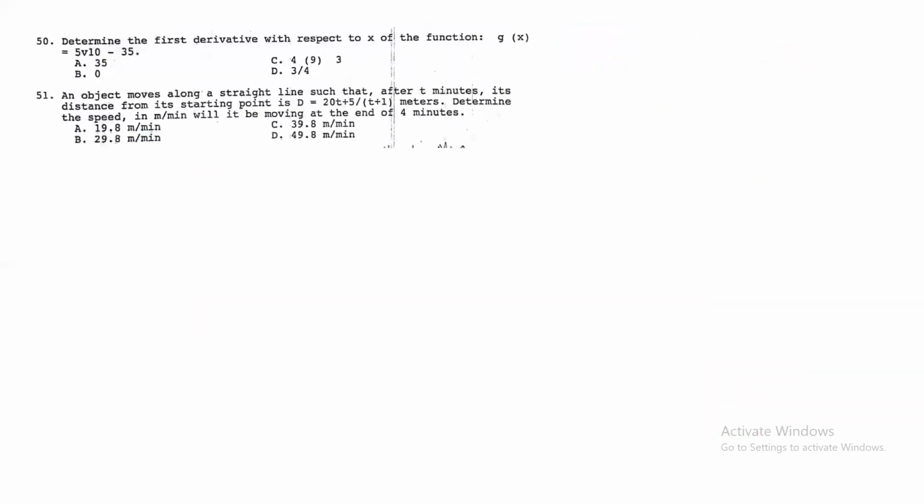The next, number 50: determine the first derivative with respect to x of the function g of x equals 5 to the 10 minus 35. Number 50 is quite easy. g of x is equal to 5 to the 10, minus 35.